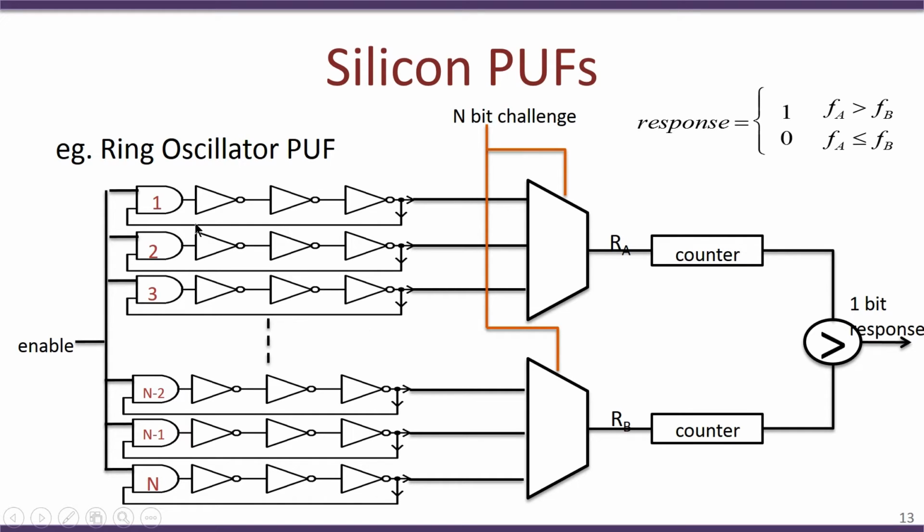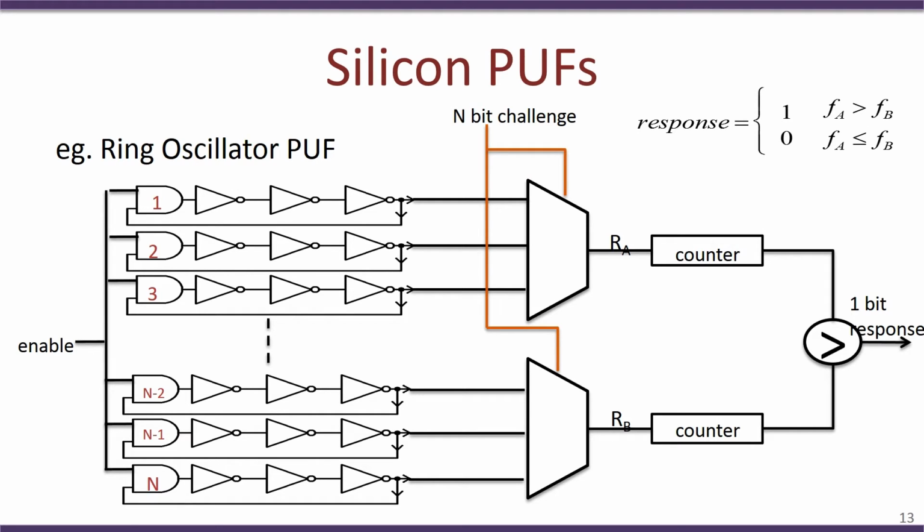Now, as we know, when the enable signal is 1, there is an initial state of the PUF which gets fed back, and as a result a square waveform is present at the output. As discussed in the previous lecture, the frequency of this waveform is a function of the manufacturing process. For example, we mentioned the capacitance involved, the threshold voltage, and various other nanoscale aspects that could change the frequency of the ring oscillator.